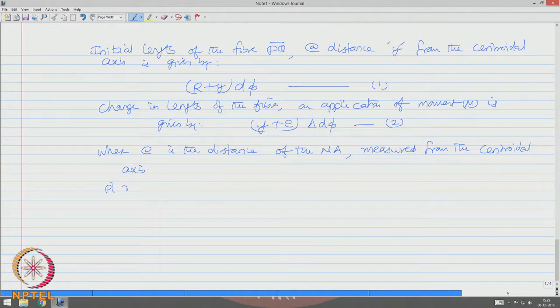Please note, M is applied in such a manner that the neutral axis is shifted towards the center of curvature.